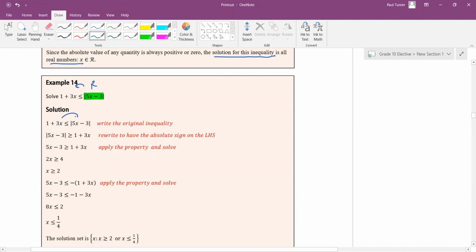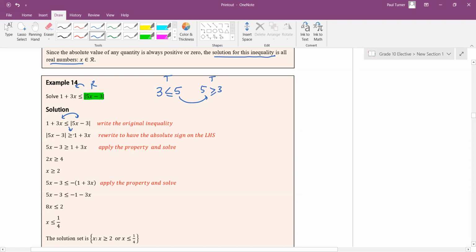When you flip, you also need to flip the sign. It's like when you said 3 is less than 5, which is true. If you want to flip that, 5 is greater than 3 to keep it being true. So when you flip two things around, the sign has to change as well. If it's an equal sign, you have to flip that as well. So be careful of that.